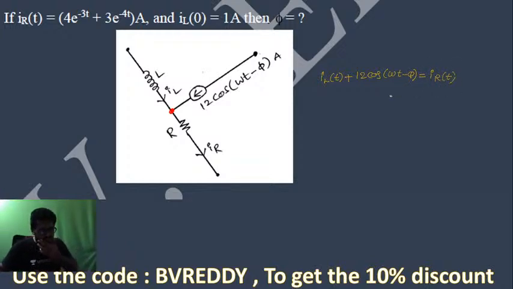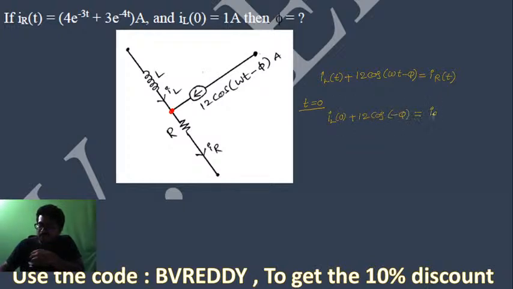Now I am considering t is equal to 0 in the above equation. That is IL of 0 plus 12 into cos of minus 5, which is equal to IR of 0.